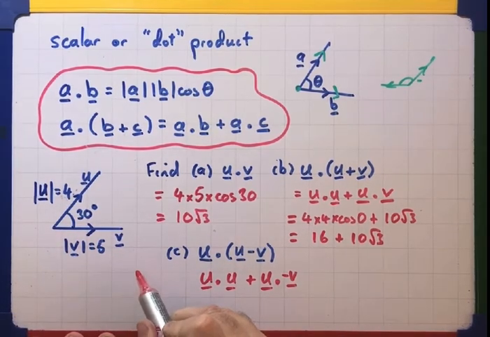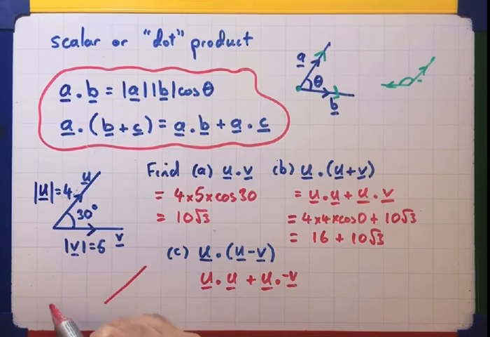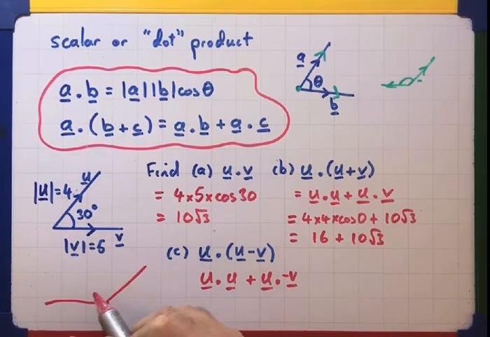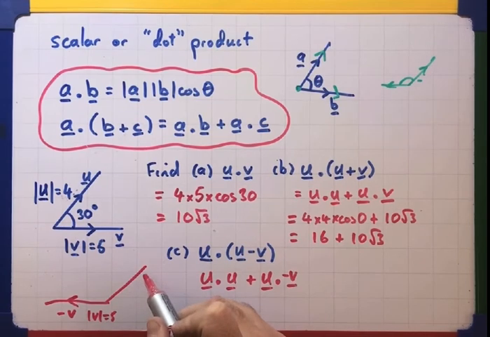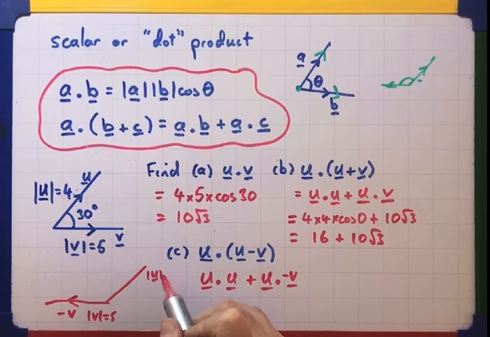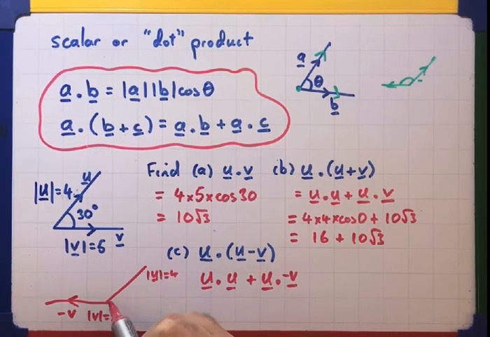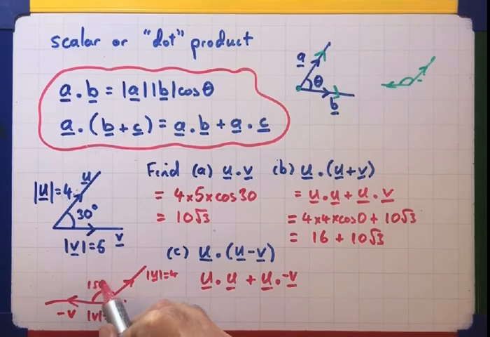So if we're talking about minus v, it's going to look like that, isn't it? That would be minus v. It's still got a magnitude of 5, and that's still a magnitude of 4. But this time, we're not interested in that angle, which is 30. We want this angle, which is 150.